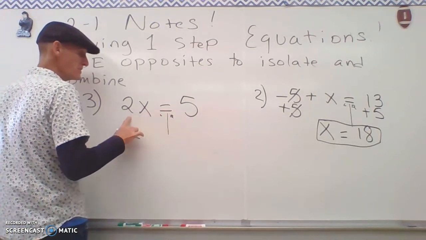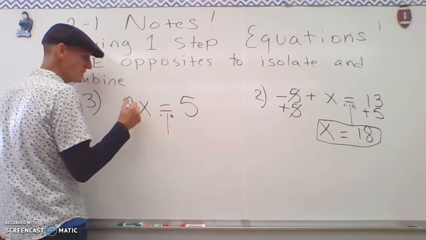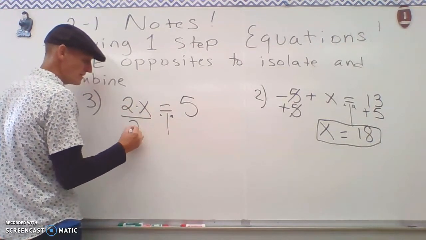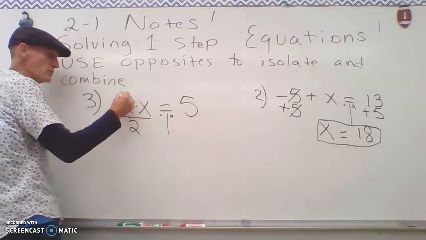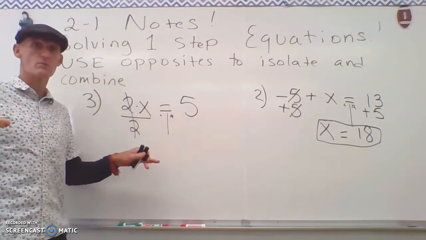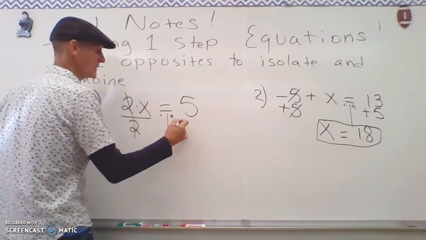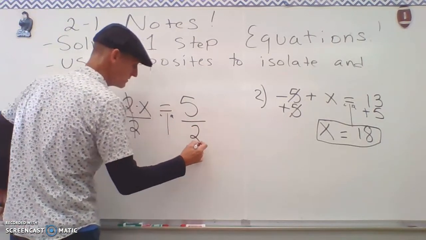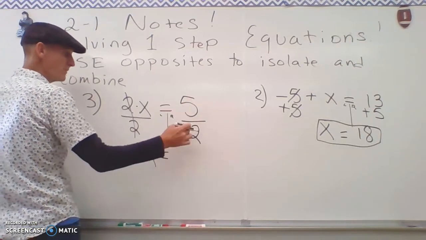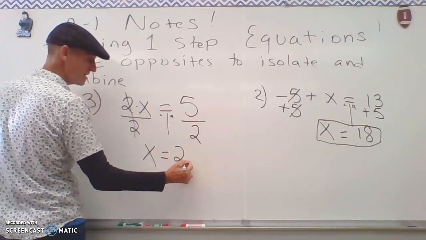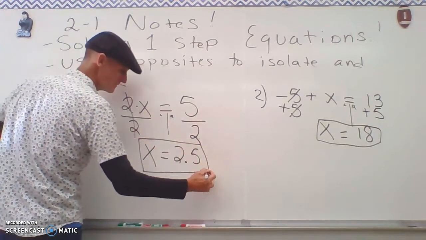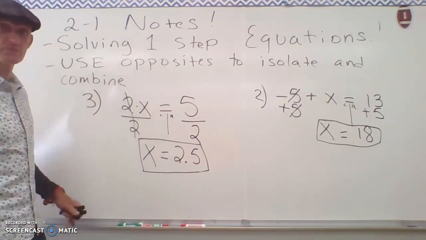The first thing I do is divide both sides by 2 because x is being multiplied by 2. I'm going to divide it by 2 so they cancel. Keeping the equation balanced, I've got to divide this side by 2. So x on the left, 5 divided by 2 is 2.5. It's on the right. That's how you do it.